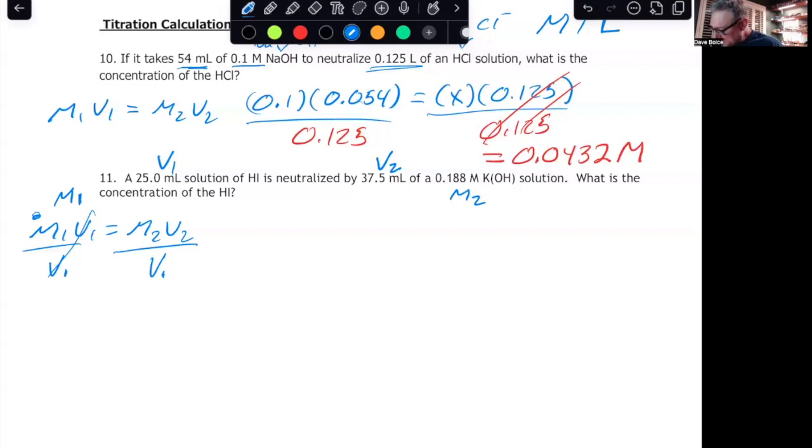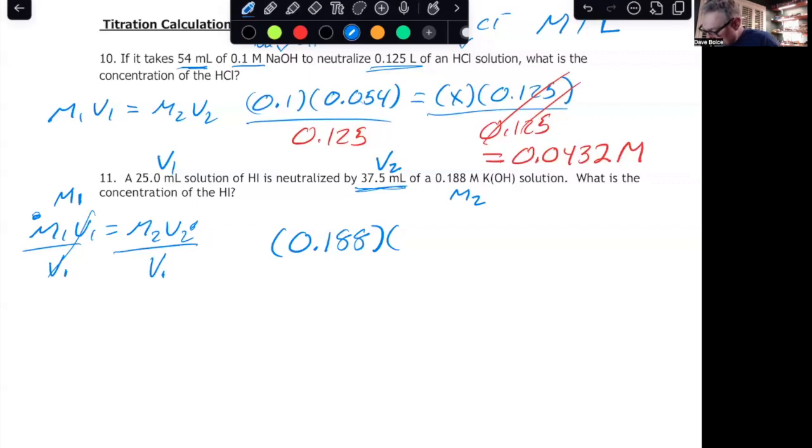M2 right here. This is molarity, so I don't need to change that. 8 times my V2, and my V2 is right here, 37.5 milliliters.